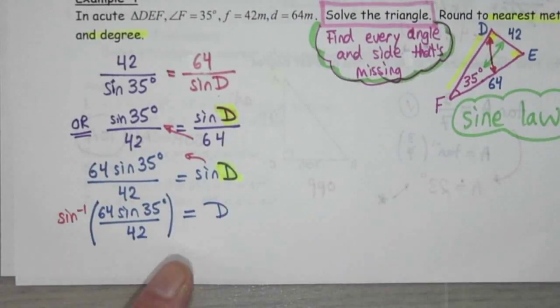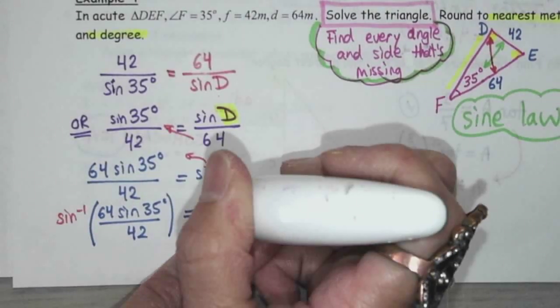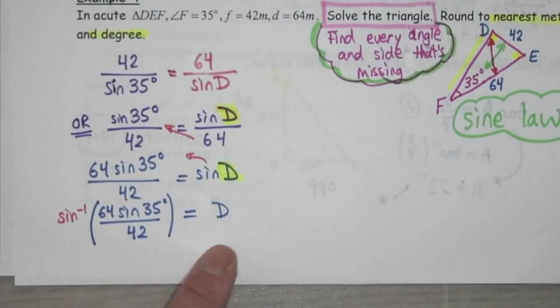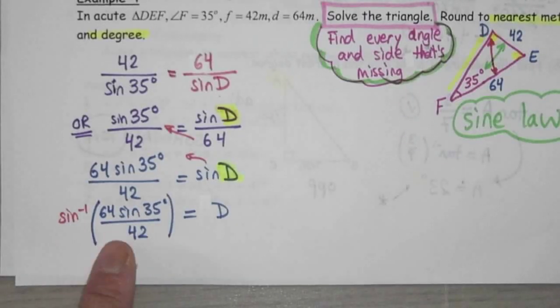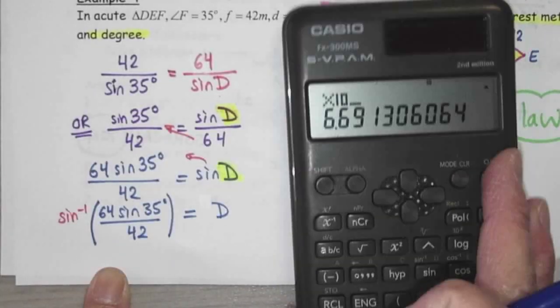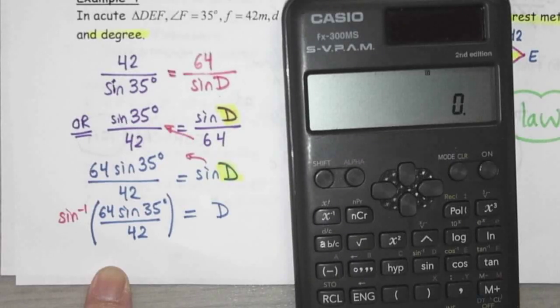And I know maybe your teacher last year asked you to approximate a couple times. Some teachers maybe said do an approximate decimal. I want you in this course to not approximate it twice. I want you to keep all of this, and let's punch this all into your calculator.